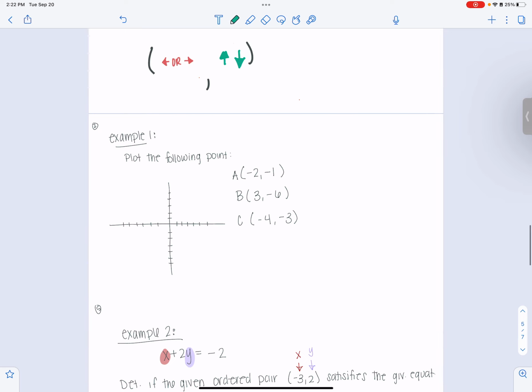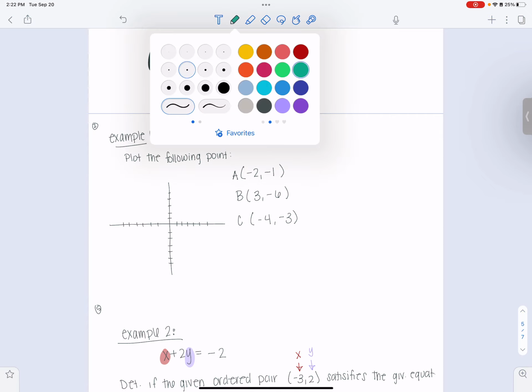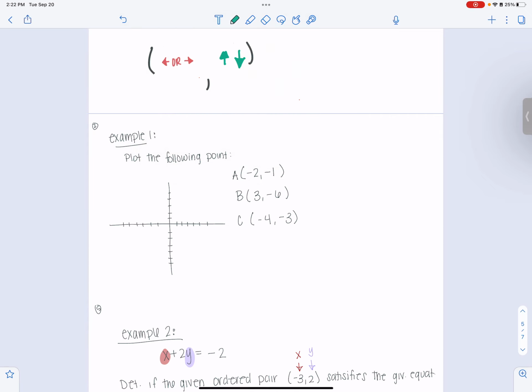That -2 tells me that I'm going to move left 2. And then that -1 says I'm going to move down 1.